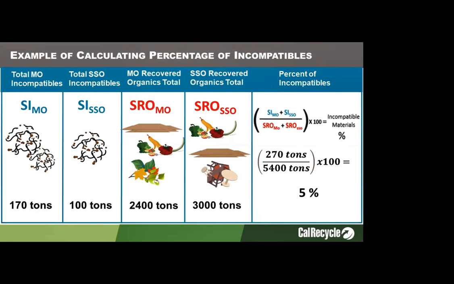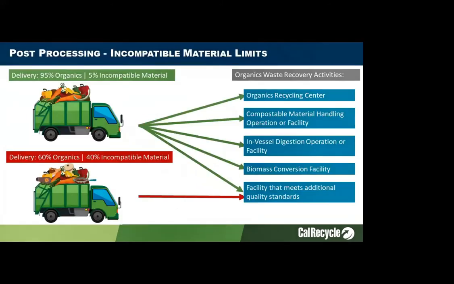Then dividing 270 tons by 5,400 tons, then multiplying that by 100 gives you 5%. This means that for this reporting period, the incompatible materials level in all recovered organic waste is 5%, demonstrating that the facility met the incompatible materials limit.